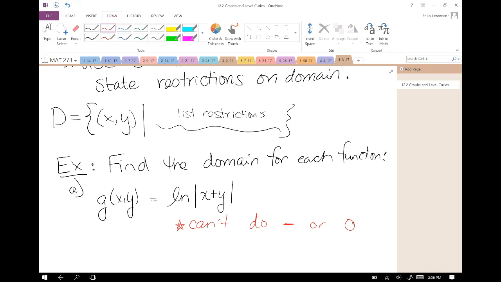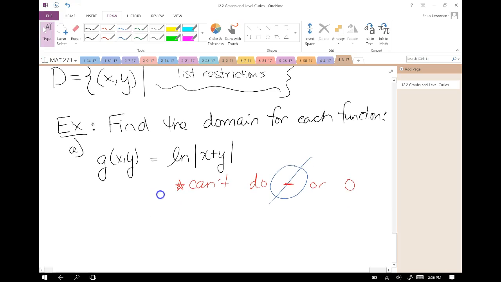What do you see around the x plus y? Absolute values. So we've got absolute values around our x plus y. That fixes the negative part, but it doesn't fix the 0 part. X plus y could still come out to be 0.